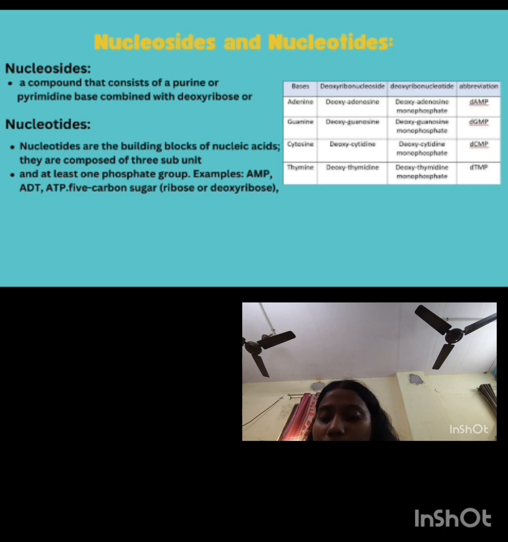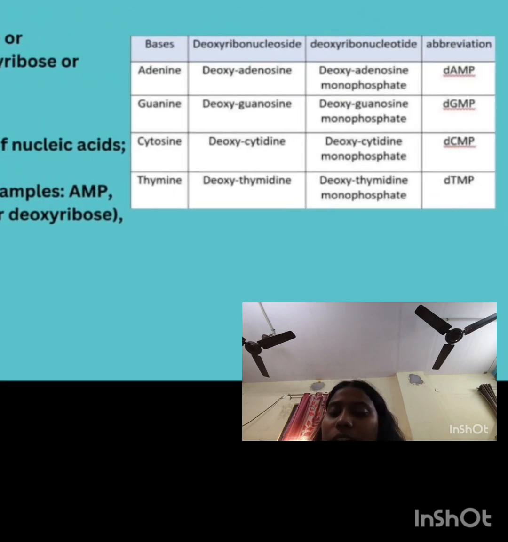Examples are AMP, ADP, and ATP. We have a chart. The bases are adenine, guanine, cytosine, and thymine, and this is the deoxyribonucleic acid. We call them deoxyadenosine, deoxyguanosine, deoxycytidine. Abbreviations we have are dAMP or dGMP.